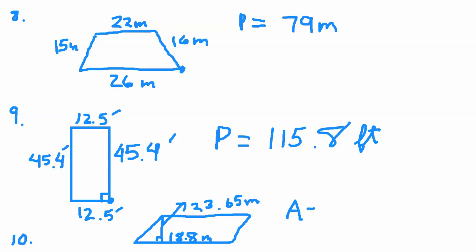Well, an area of a parallelogram or a rectangle is just base times the height. So on this one, all we have to do is take 18.8 times 23.65.